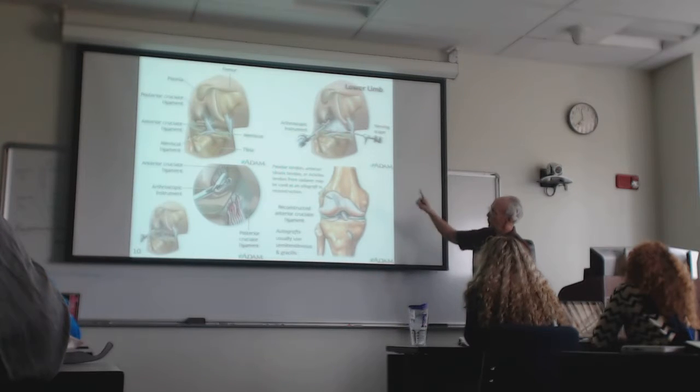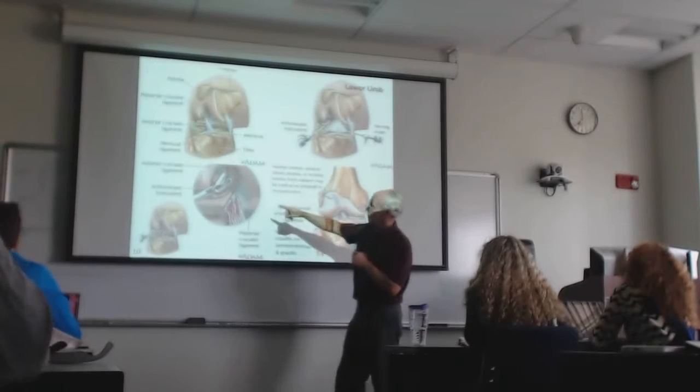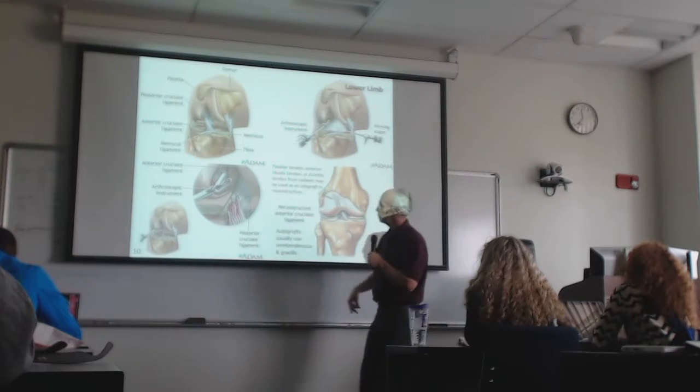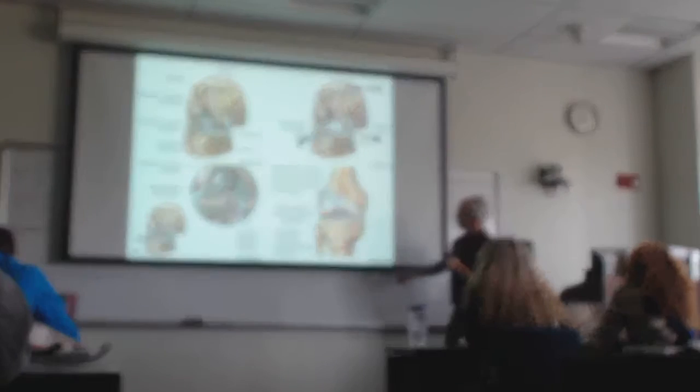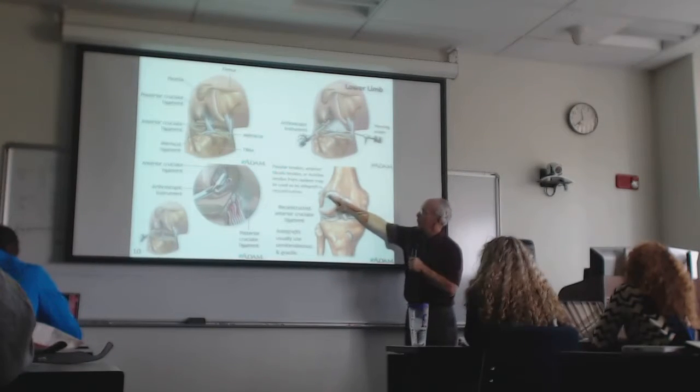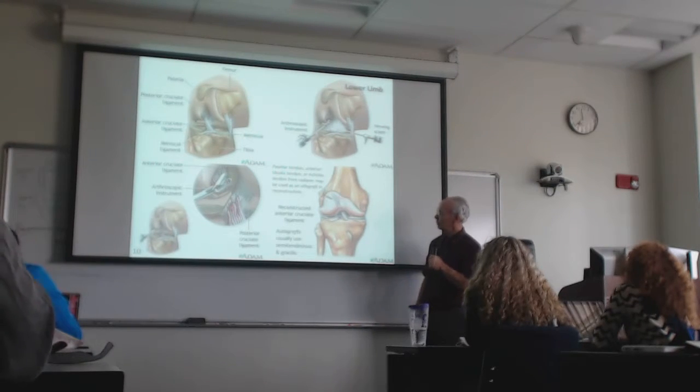So as you look at what's going on in this illustration, you can see they have some type of ACL injury. The ACL is torn, and here they're just going to remove what's left of it, and then this is the repair. So why would this type of repair be appropriate?